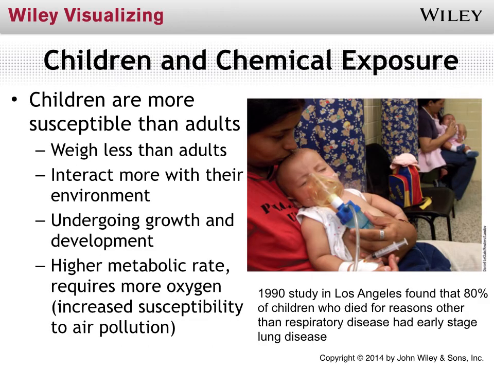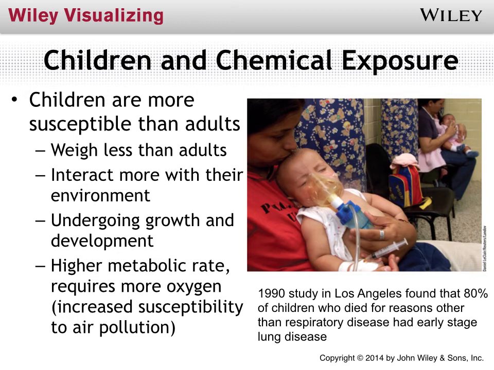As we talked about in the previous chapter, children, elderly people, and people with compromised immune systems or that are already fighting diseases are far more susceptible to exposure to chemicals. Again, they weigh less, so it takes less chemical to affect them. These LD50s, those threshold level doses, are all based typically on weight.